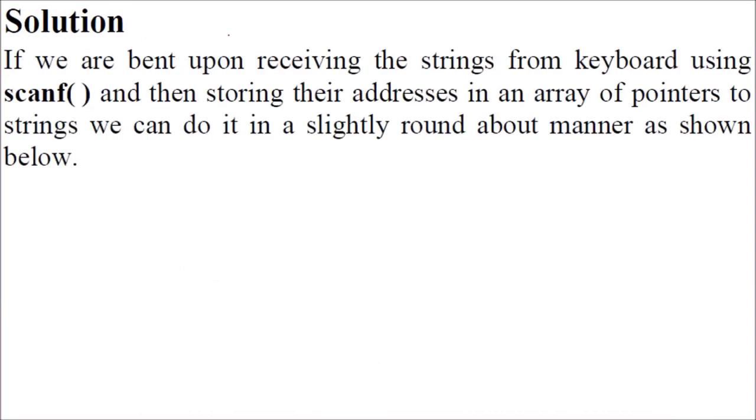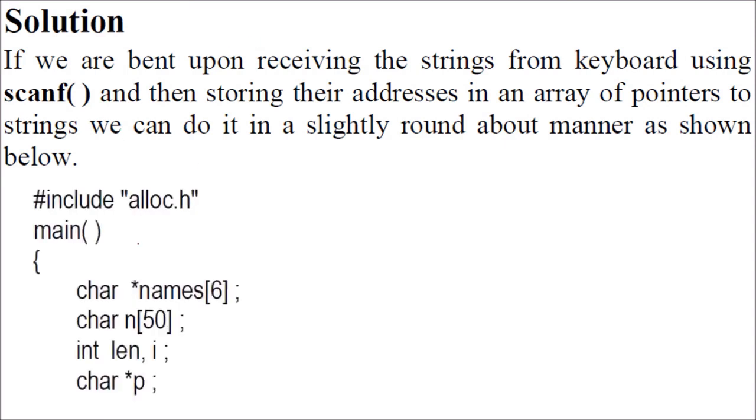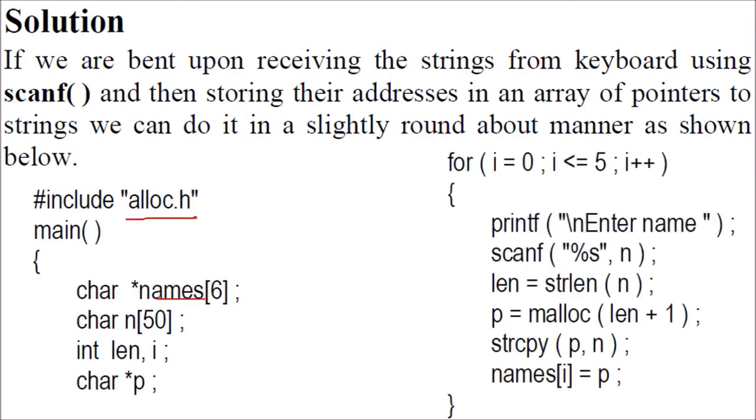If you want to receive the content through the keyboard using scanf, we'll change the program somewhat. We'll use alloc.h. This is the array of character pointers called name. Now this is a temporary character array we have used. Here we say, enter the name.